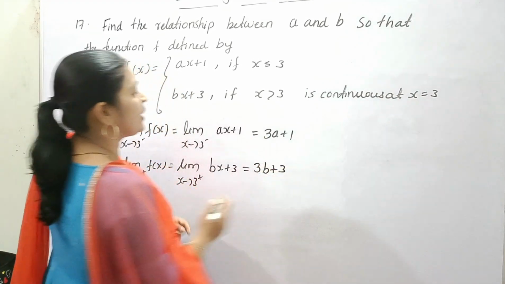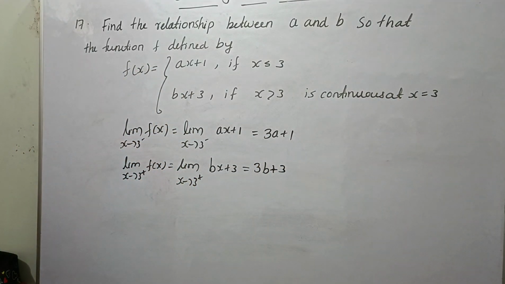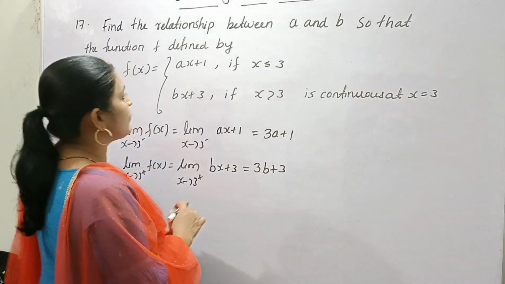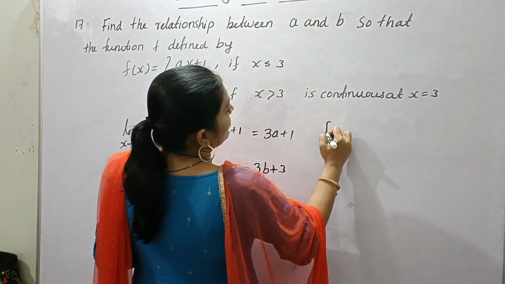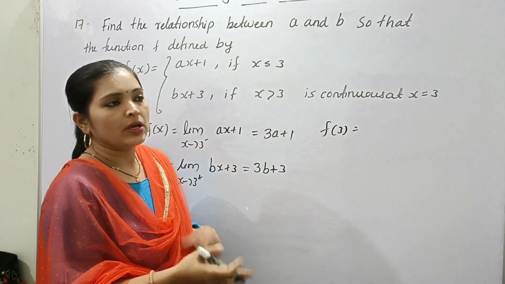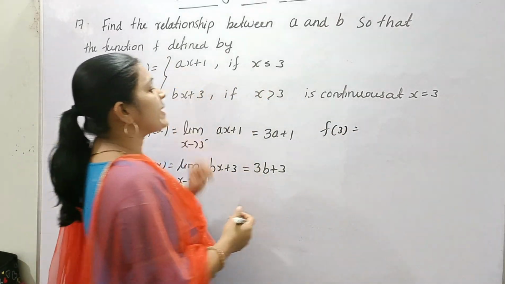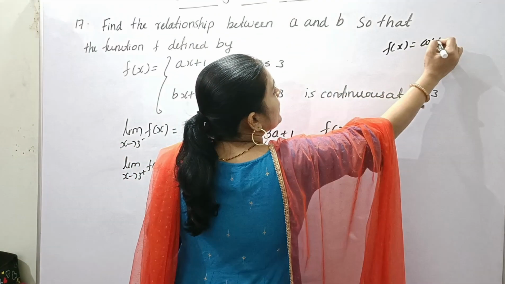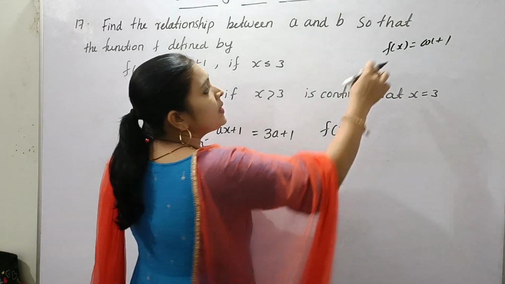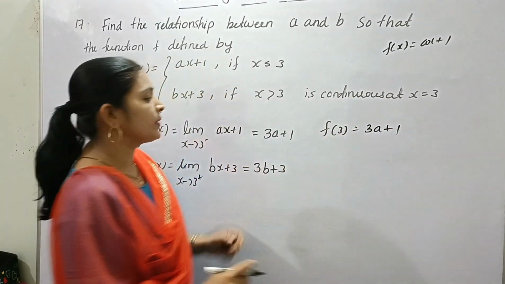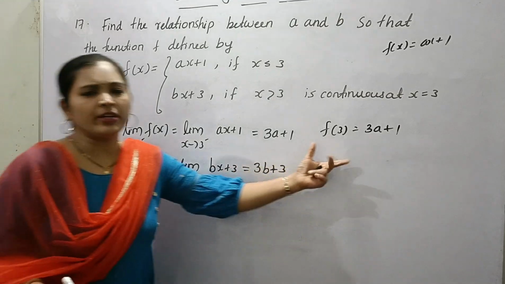Next, what is the value of the function f of 3? F of 3 means x is equal to 3. When x is equal to 3, the function is ax plus 1. So f of 3 is equal to 3a plus 1. Here there is no need to find this one.